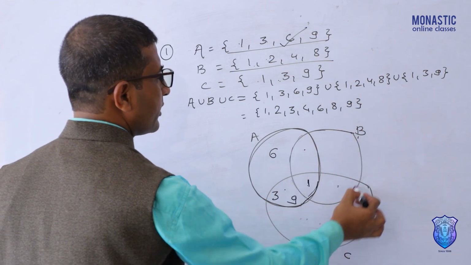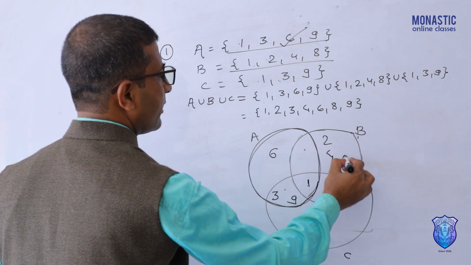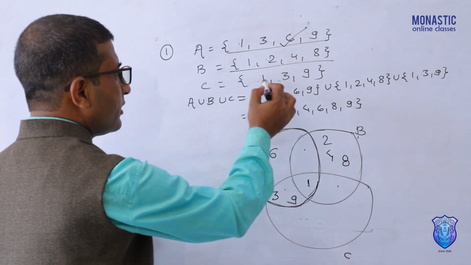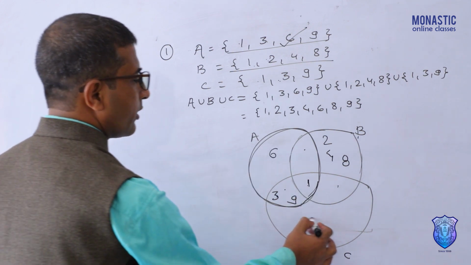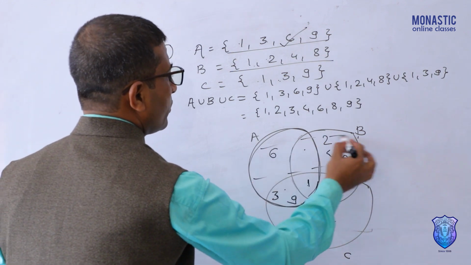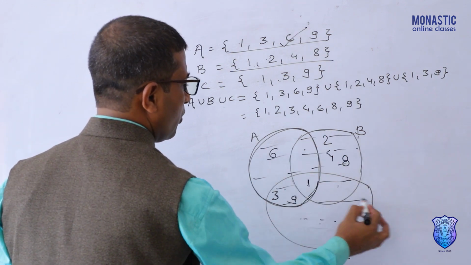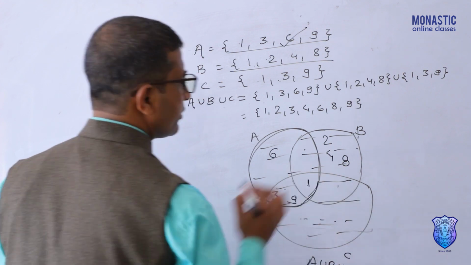That circle represents the set B. Remaining elements are 2, 4 and 8. In C, 1, 3 and 9 all are written there, so we don't have to write there. If we said this whole represent A union B union C.